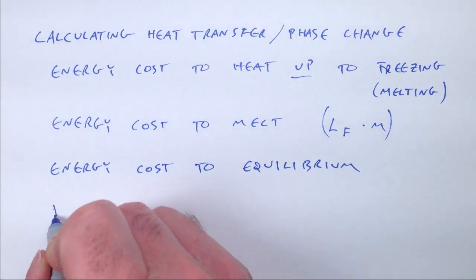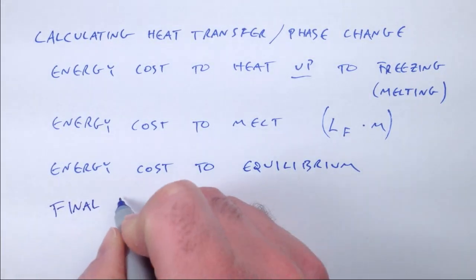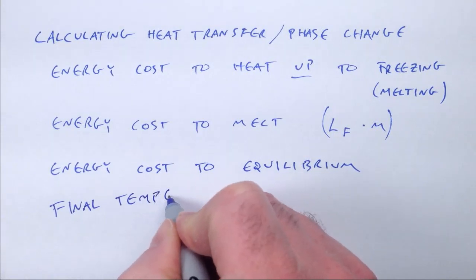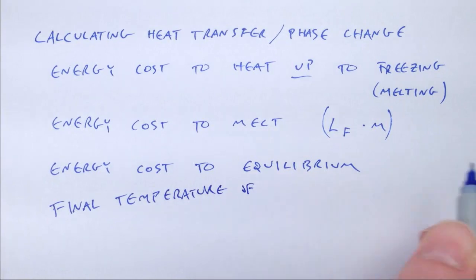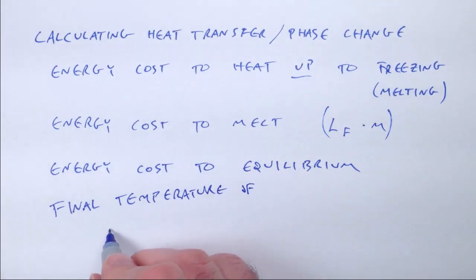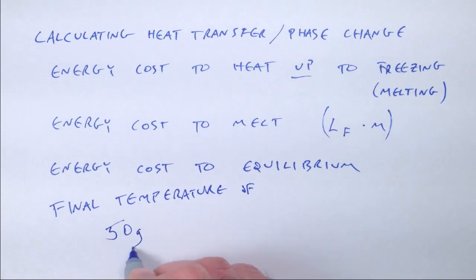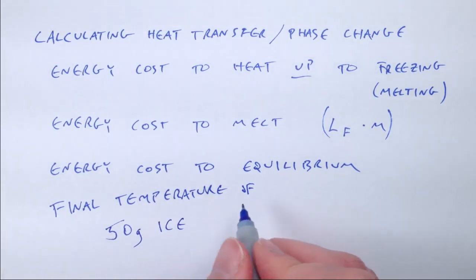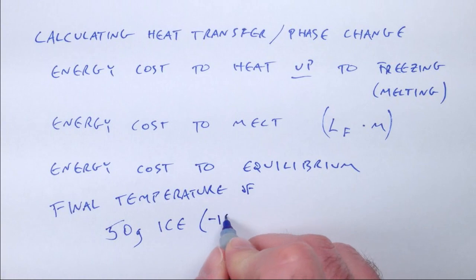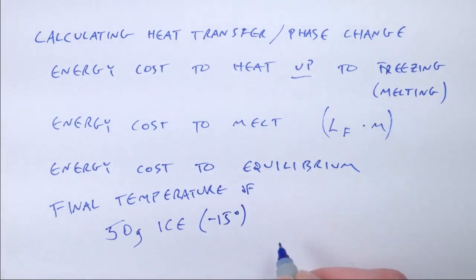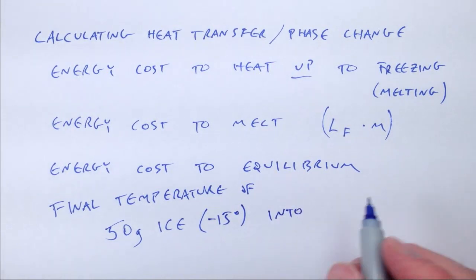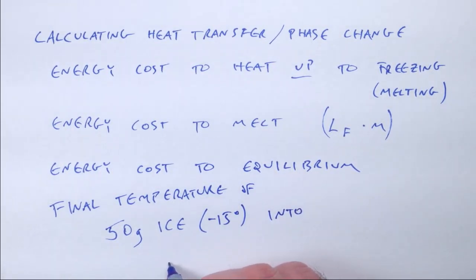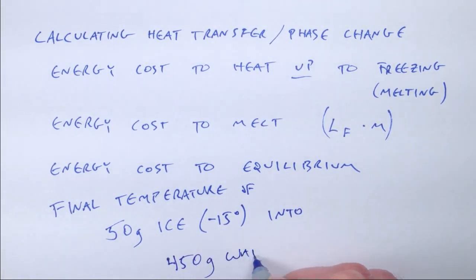Please find the final temperature of 50 grams of ice that starts out at 15 below into, this time we've got a bowl of soup, so it's going to be a bit larger, 450 grams of water.